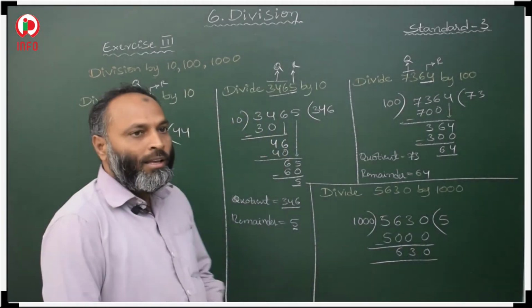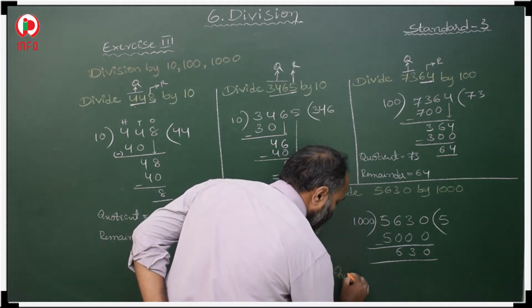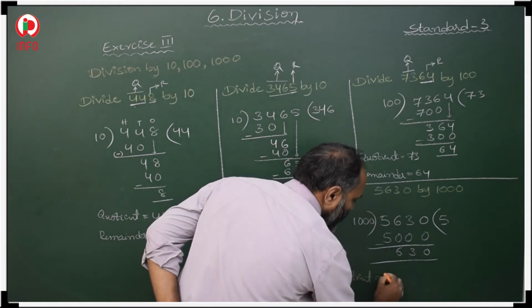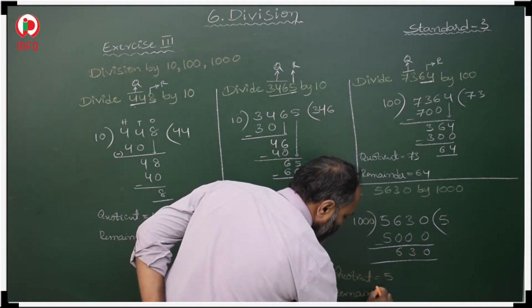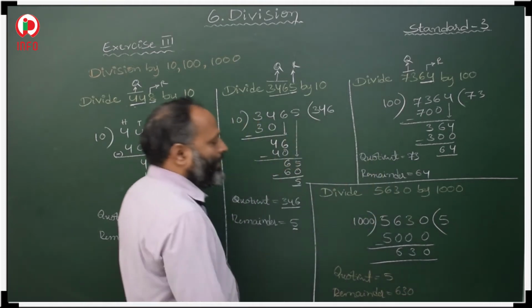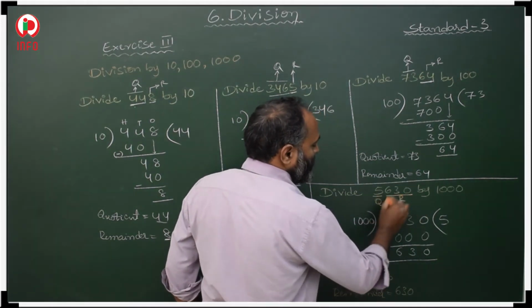Don't take. Then what is your quotient here? Quotient is 5, remainder is 630. So this 3 comes under the remainder, and this is your quotient.